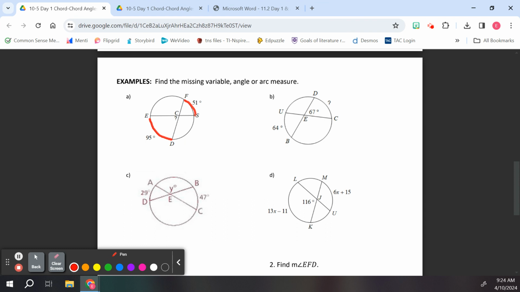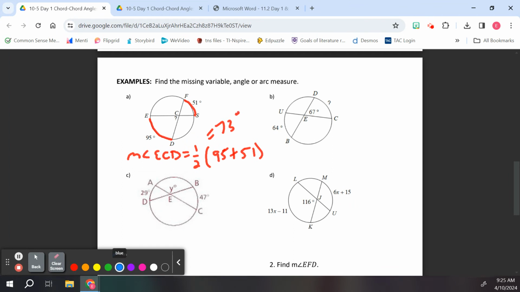So the measure of angle ECD is going to equal 1/2 times 95 plus 51. And that gives us a total of 73 degrees. So again, nothing too big and spectacular there. Remember, in your calculator, you can add those 2 up and then divide by 2, or you can put parentheses around the 1/2. The choice is ultimately yours.